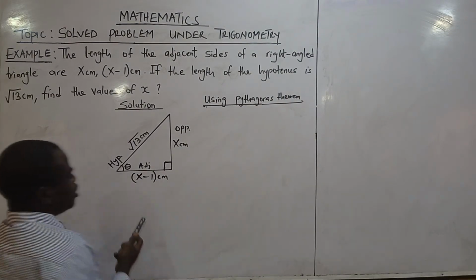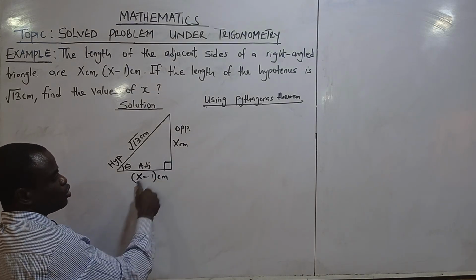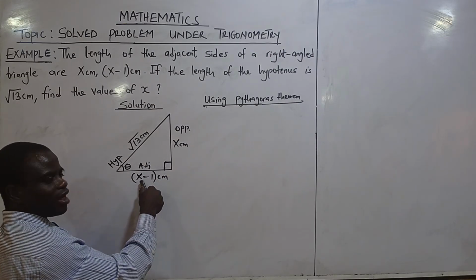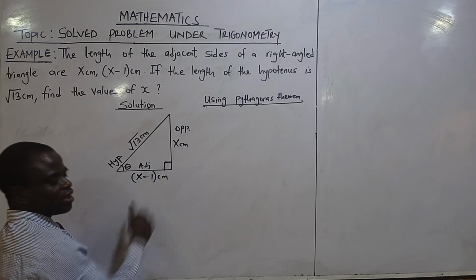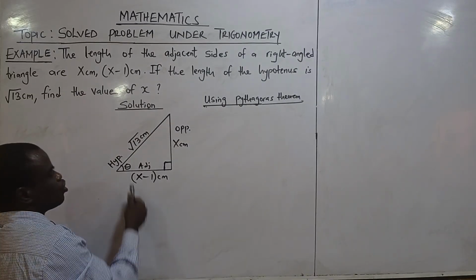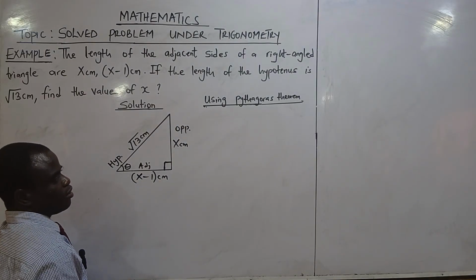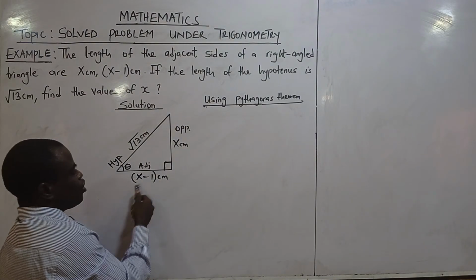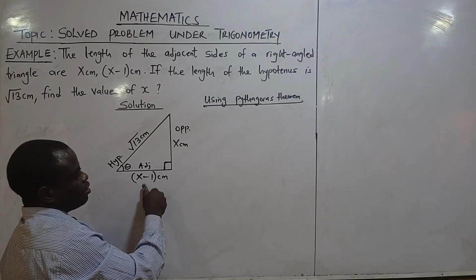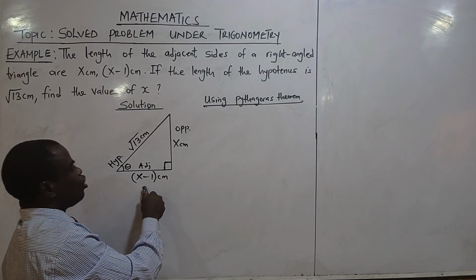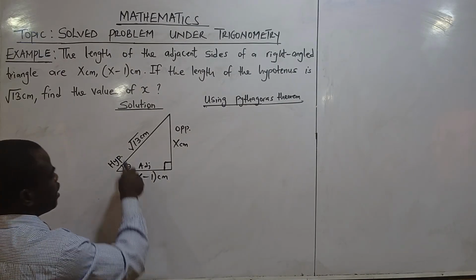It says that the addition of the squares of the two smaller adjacent sides is equal to the square of the longest side. Again, the addition of the squares of the two adjacent sides is equal to the square of the longest side, which is the hypotenuse.